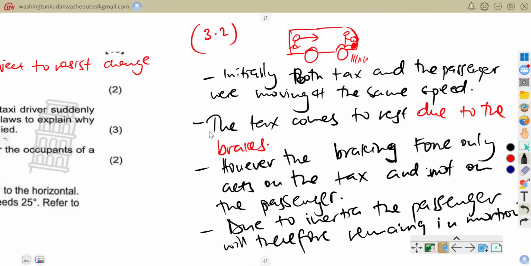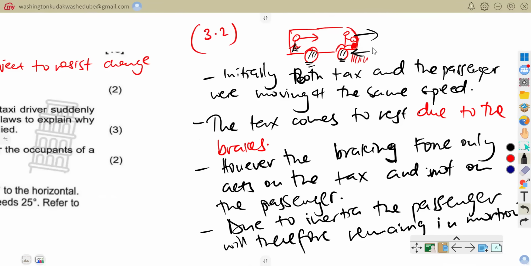Inertia is the property, or else the tendency, of an object to resist any change in its motion. As they were both moving, the taxi and the passenger, the driver slams on the brakes, and these brakes only act upon the wheels of the taxi.